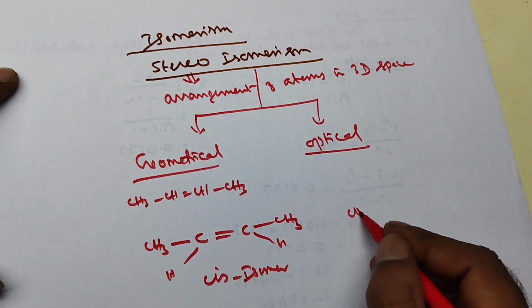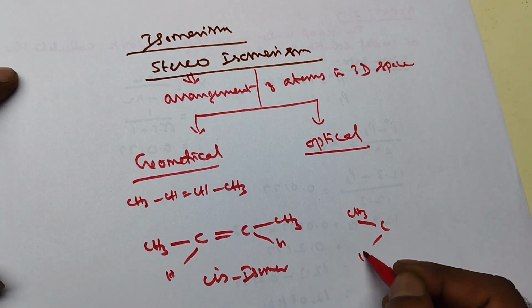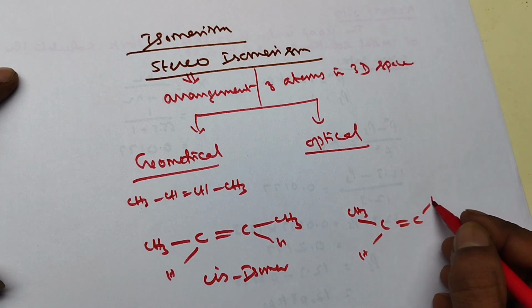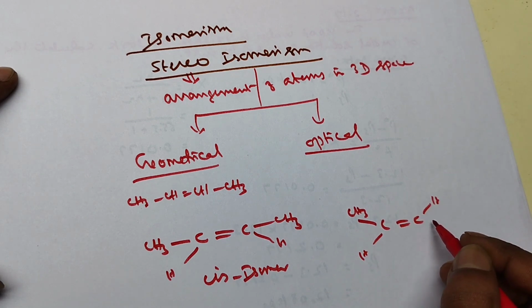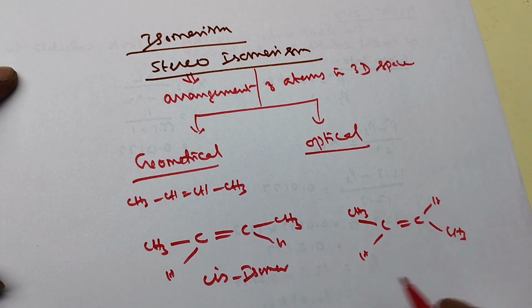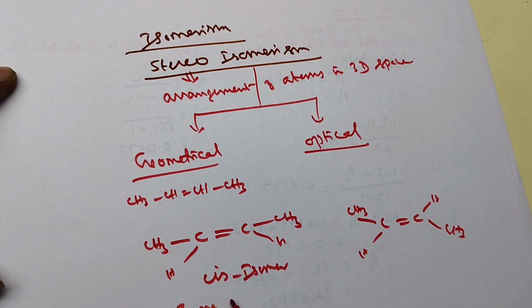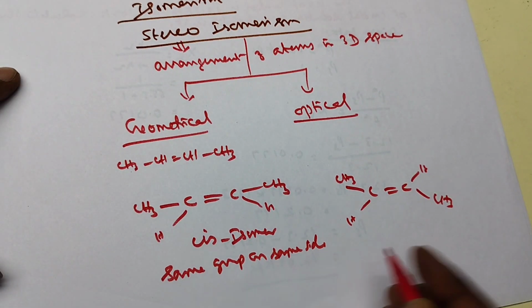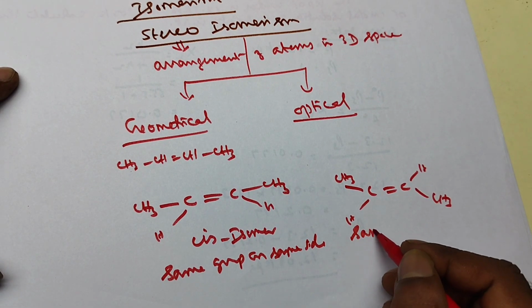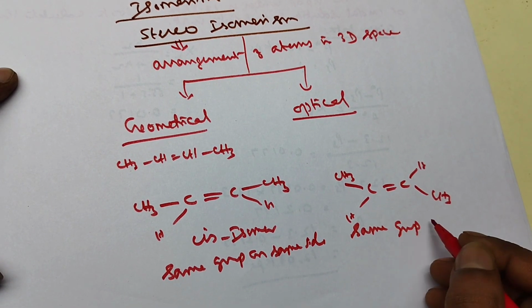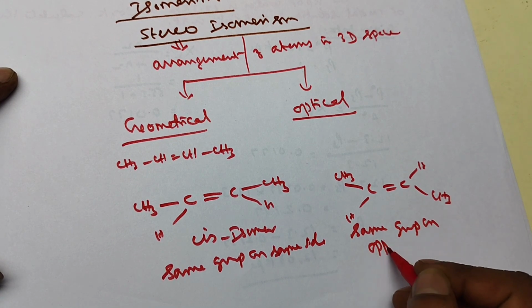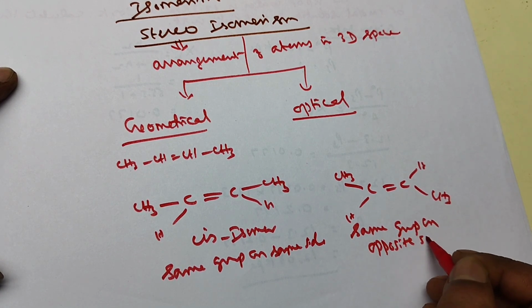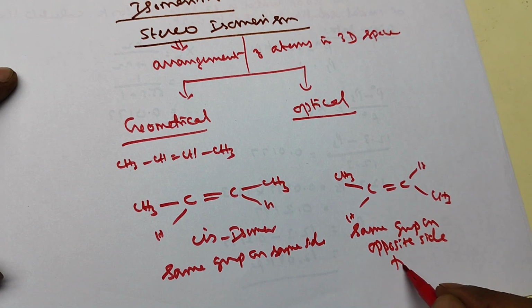Suppose you write CH3, C, H, double bond, H, CH3 with the same groups on opposite sides. Same group on same side is cis, and same group on opposite side is called the trans isomer.